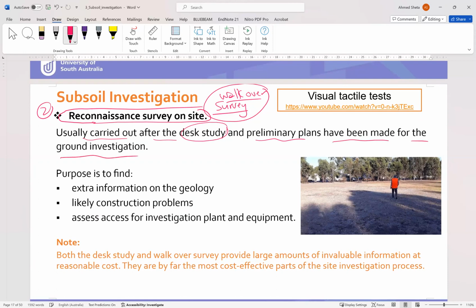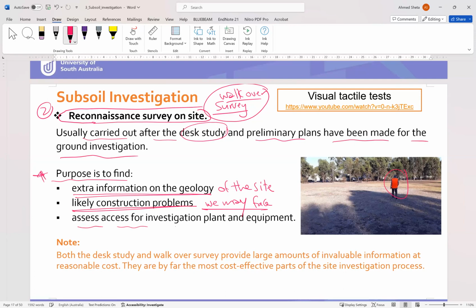So when we go, similar to this person here, the purpose is to find extra information on the geology of the site, and likely construction problems we may face during the soil investigation or the construction.